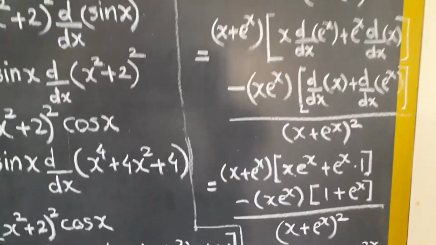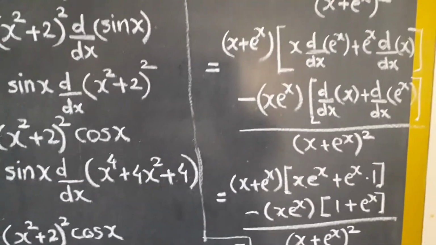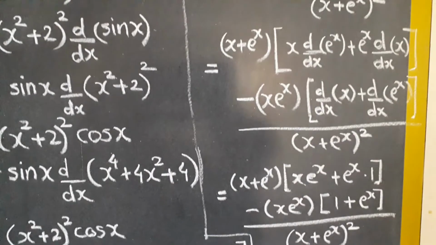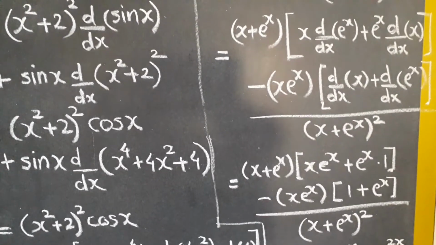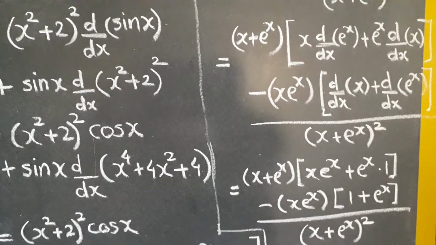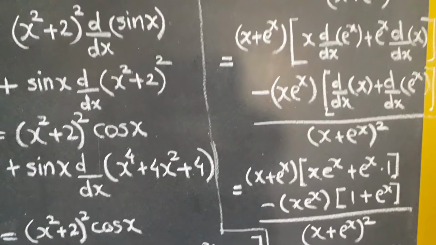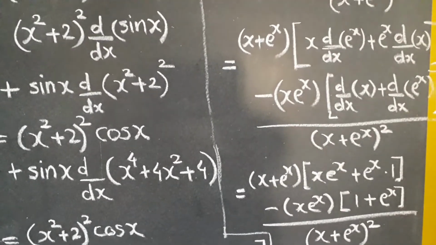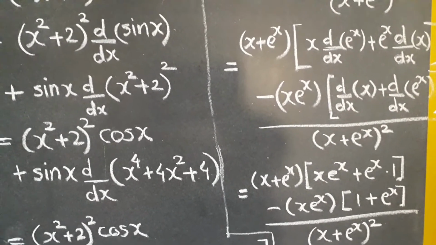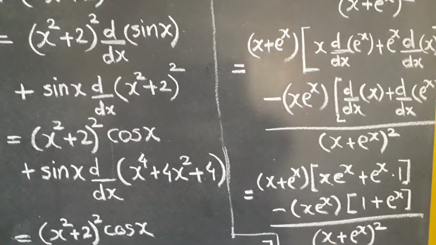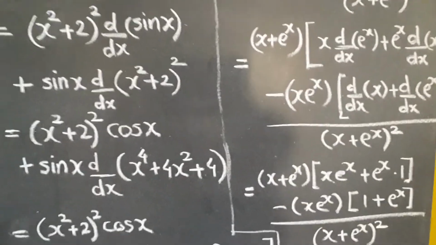So we write it in the next step, the derivatives, and hence the derivative is over. But we have to simplify further. We have to simplify the numerator and not the denominator. Don't simplify the denominator, don't expand the denominator, but we have to simplify the numerator.